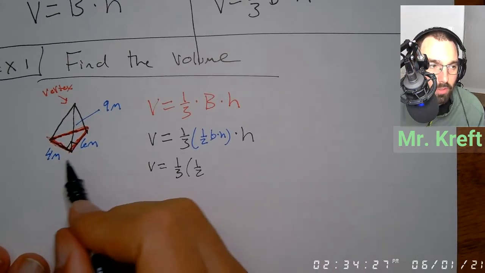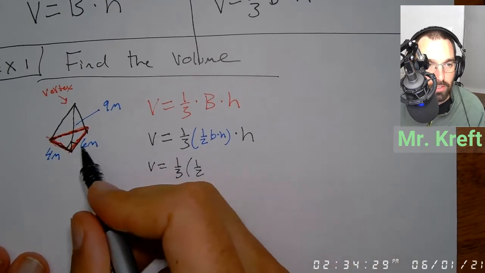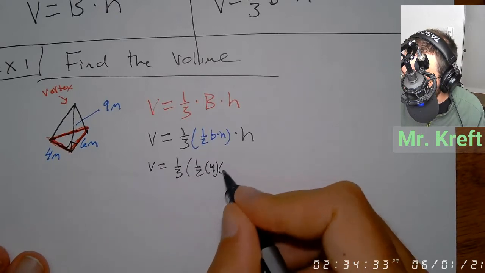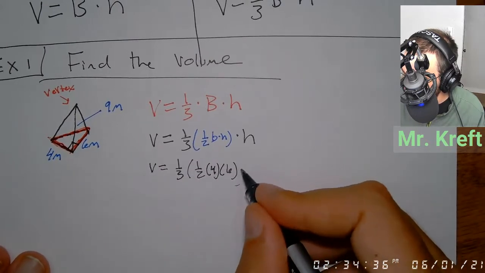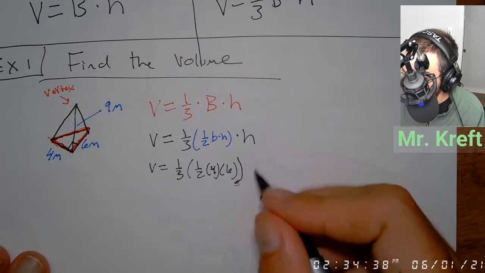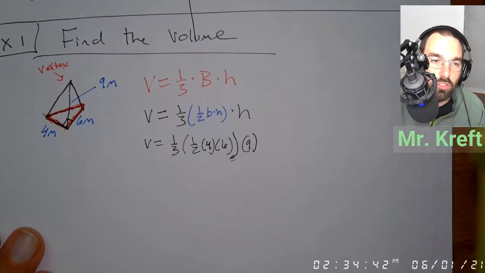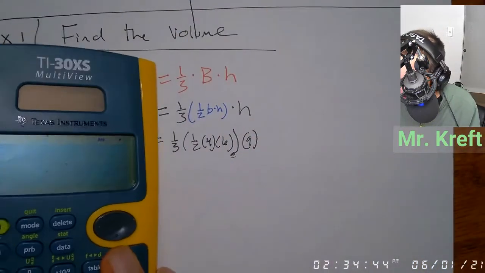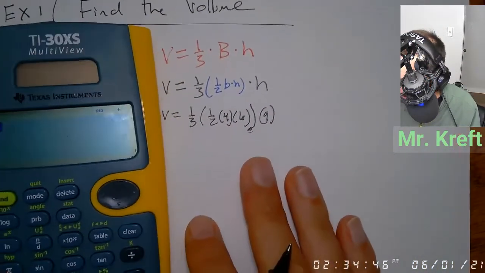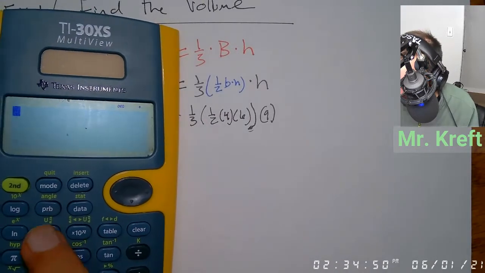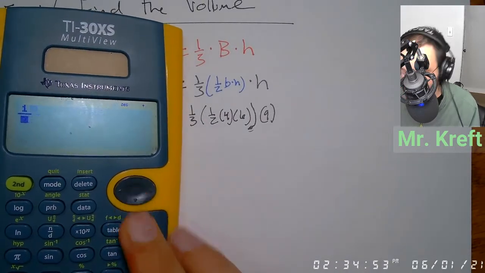And again, don't worry about which one's the base, which one's the height. All that matters is that they're perpendicular to each other. So I can have 4 and 6, and then the height of the pyramid is 9. Okay? And at this point, we can just do this all at once. So really, I think this is just 2 times 6 times 3, but that's okay. I will do it the long way.